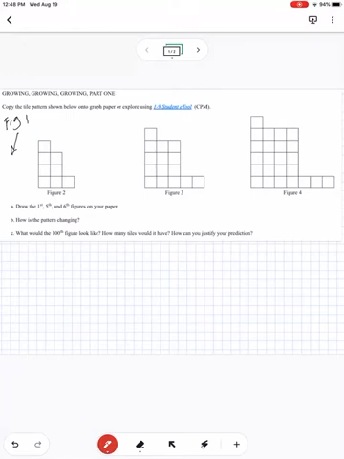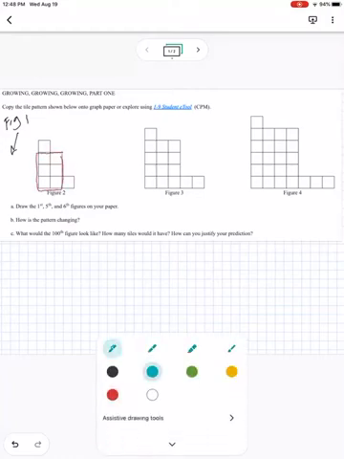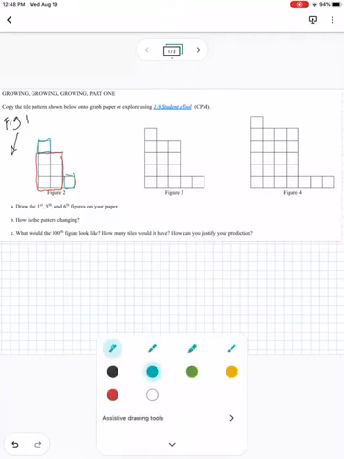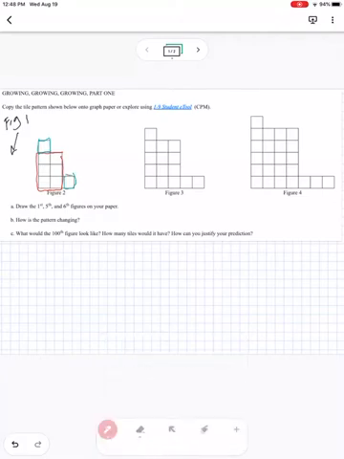Starting with figure 2 and figure 3, I see that there's a rectangle here, and then there are tails coming off this rectangle right here and right here. Everybody breaks these up differently, but if you look at figure 3, there's a rectangle, but that rectangle has grown by one column in each direction.